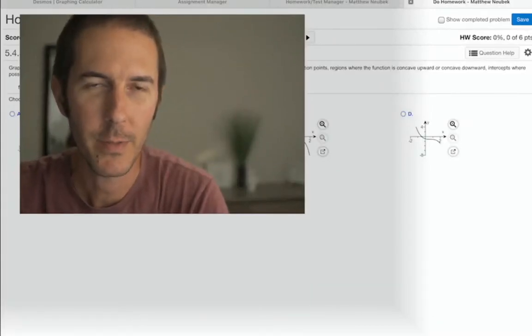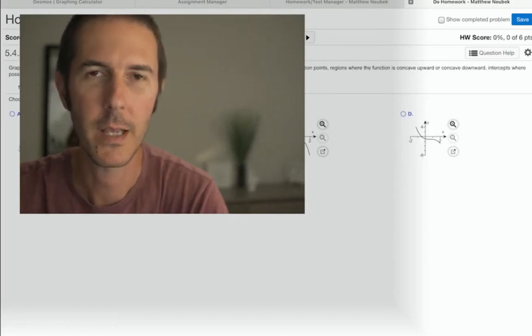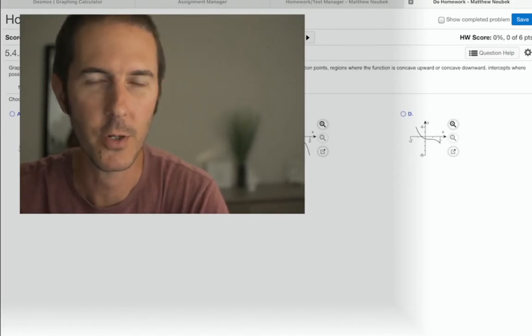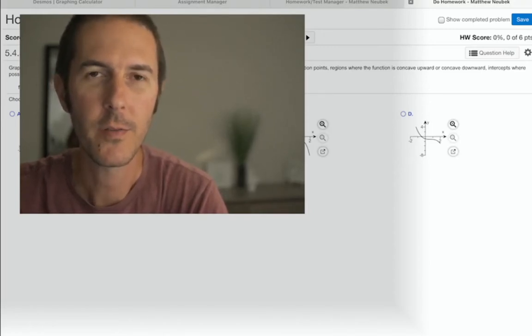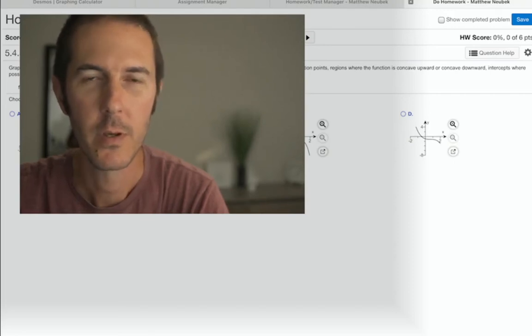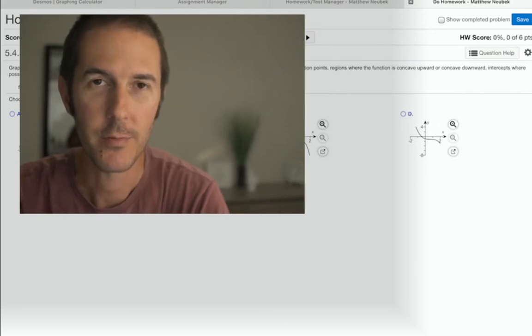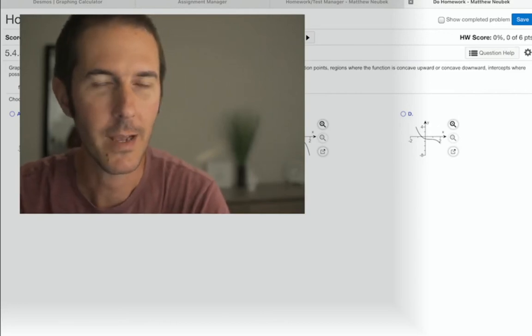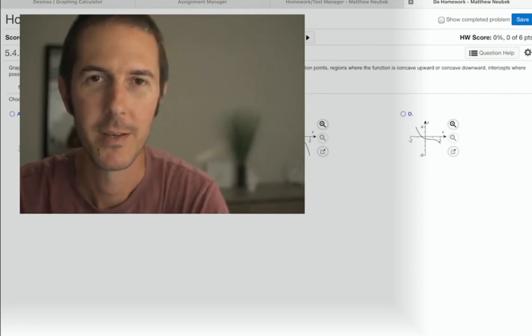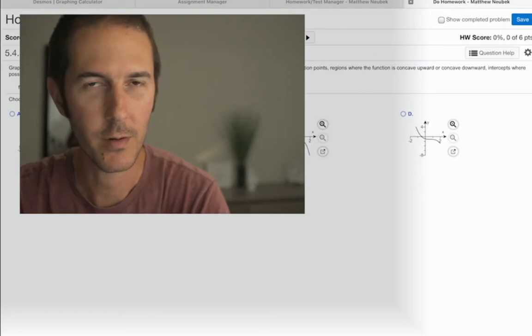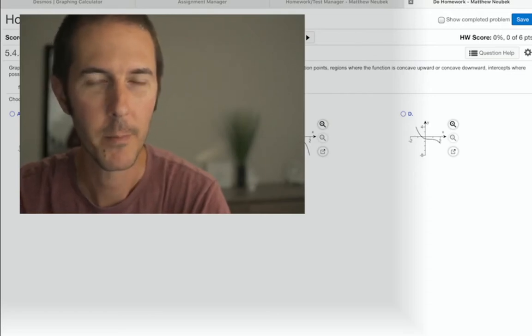Here we are in Elementary Calculus, Chapter 5, Section 4, and this is an interesting section. This is about sketching curves, and the art of sketching a curve is kind of a dying art because we have graphing calculators and other online utilities that we can simply type our equations into, and voila, we have our graph.